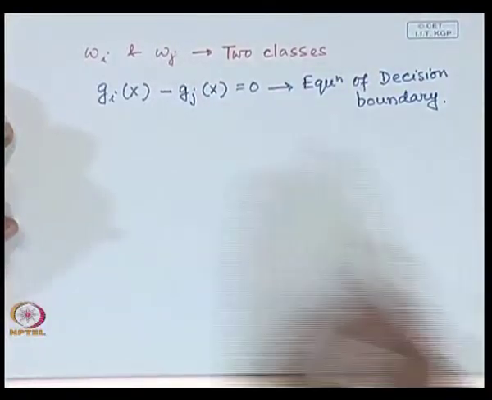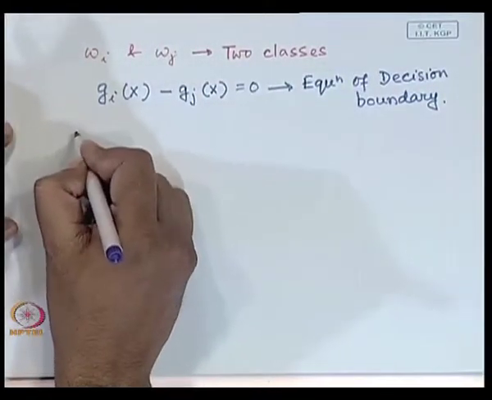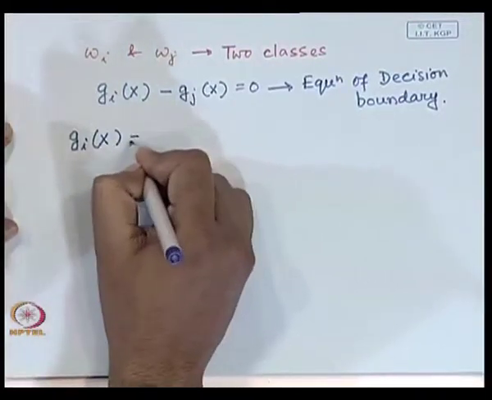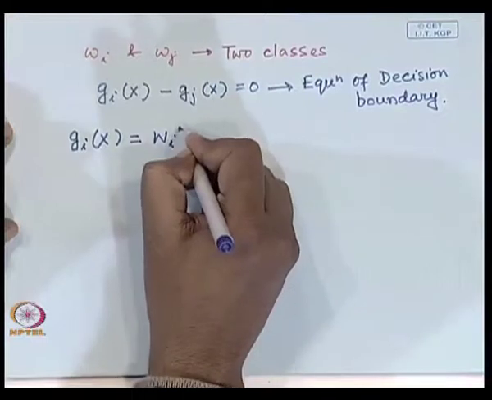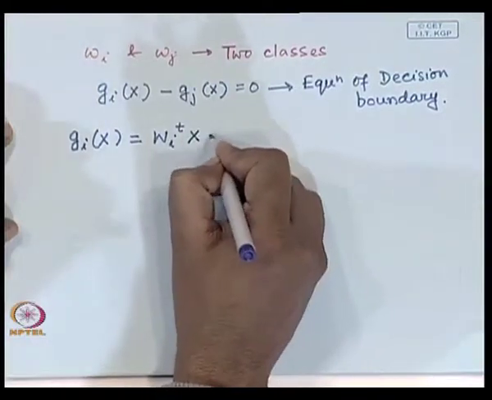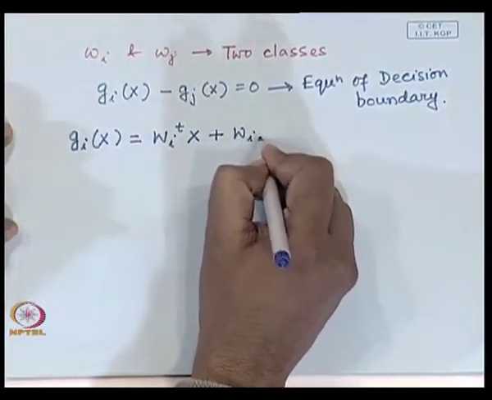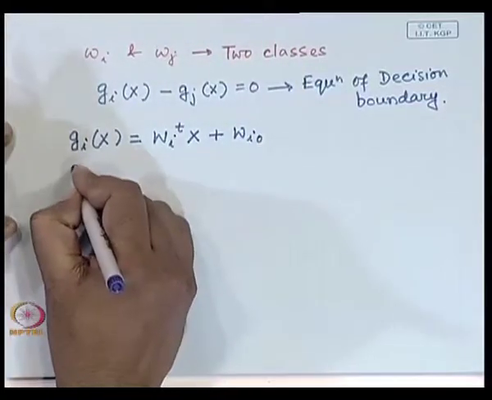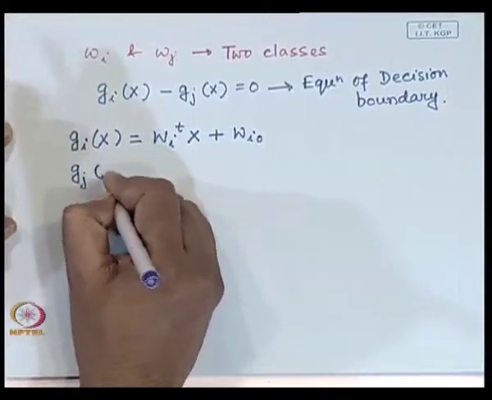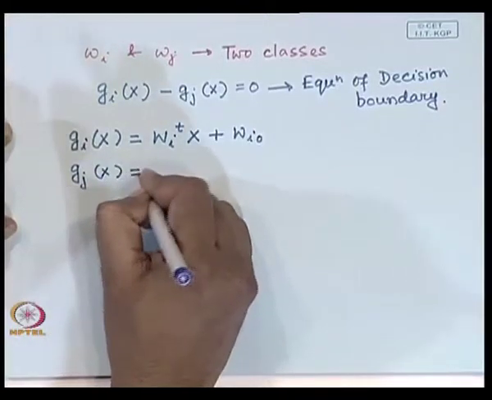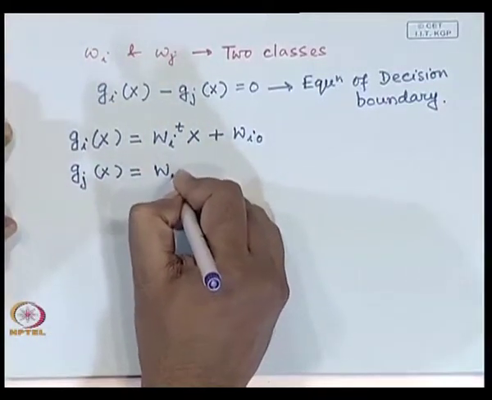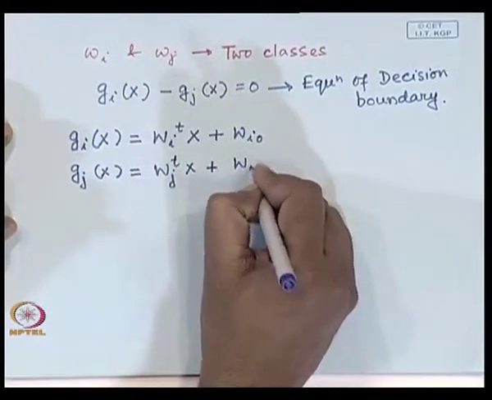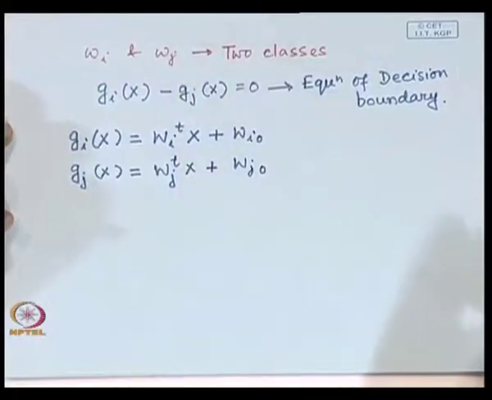And we have just seen that g_i(x) is nothing but W_i transpose x, a linear equation, plus W_i0. Similarly, g_j(x) will be W_j transpose x plus W_j0.